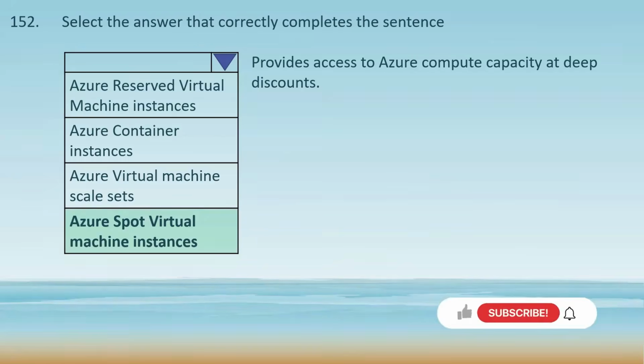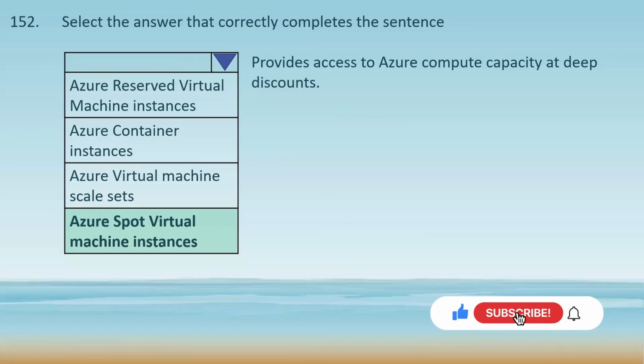They provide access to unused Azure compute capacity at deep discounts. Spot VMs offer the same characteristics as a pay-as-you-go virtual machine, the difference being pricing and evictions. Spot VMs can be evicted at any time if Azure needs capacity.